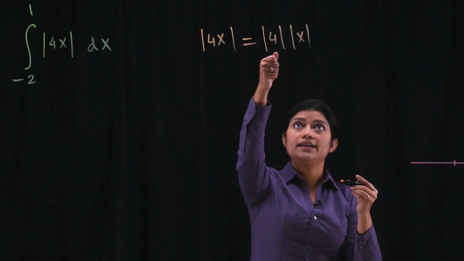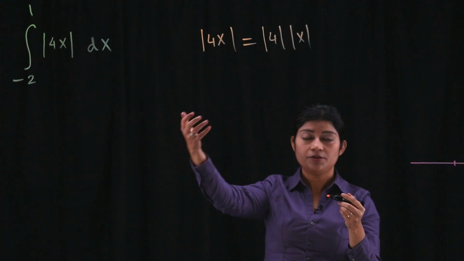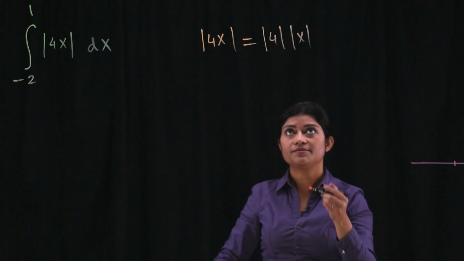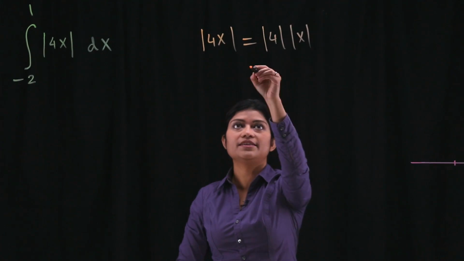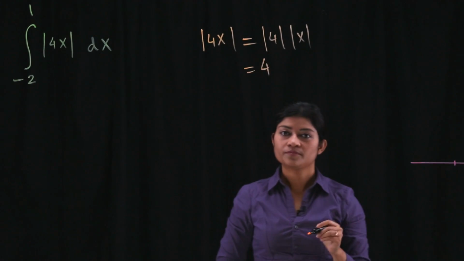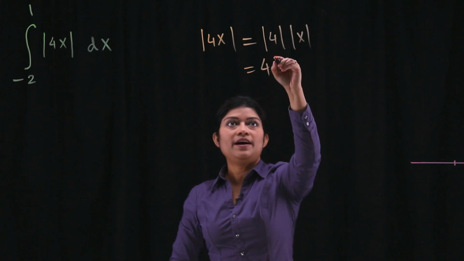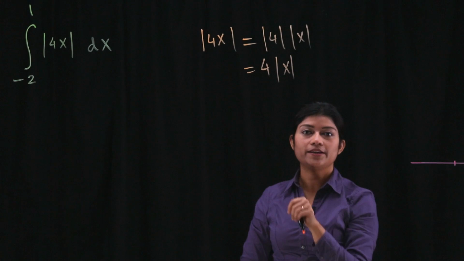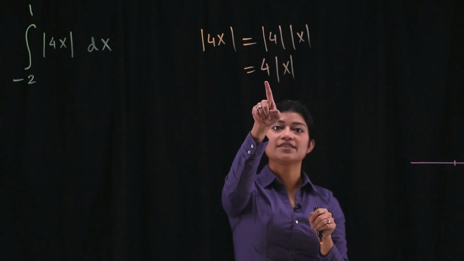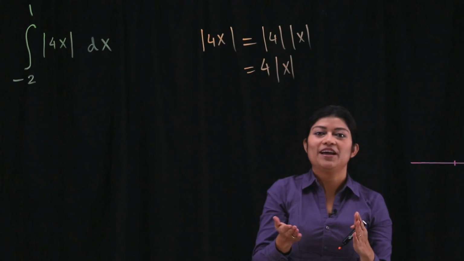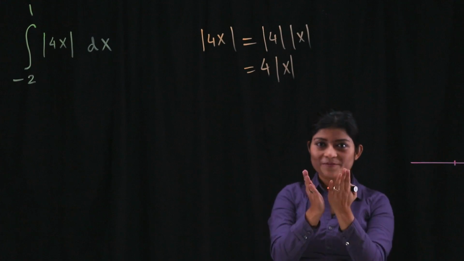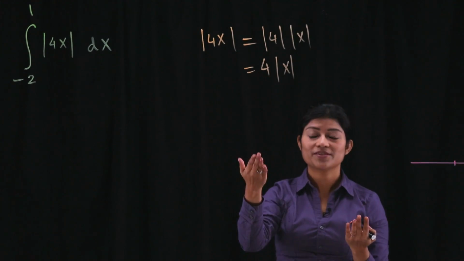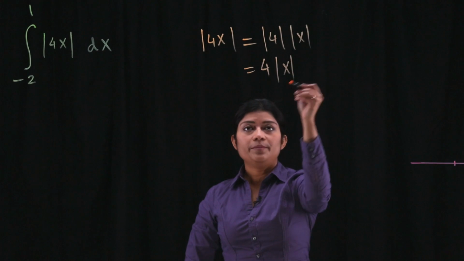Every time you plug in a negative number, you get a positive. And if you plug in a positive, you get a positive. Now, since 4 is already positive, you don't need the absolute value. It's just 4. But x can be positive or negative, so you keep the absolute value there. So basically, this function is 4 times the absolute value of x. So the V is 4 times steeper. What does that mean?